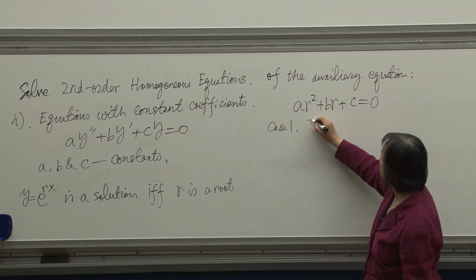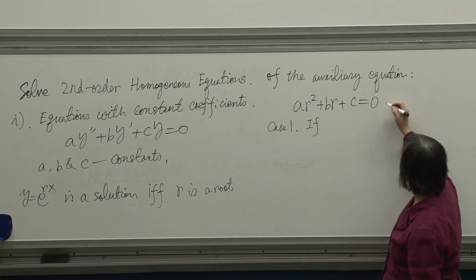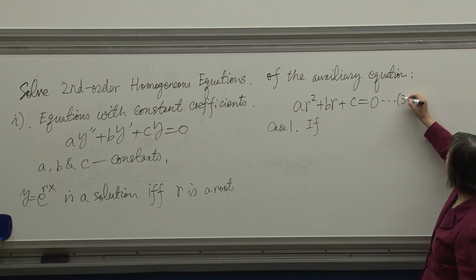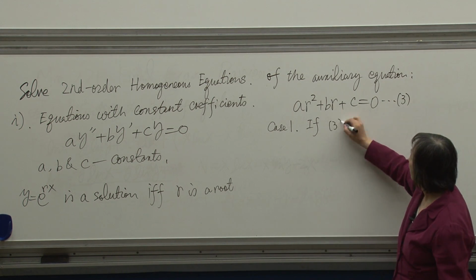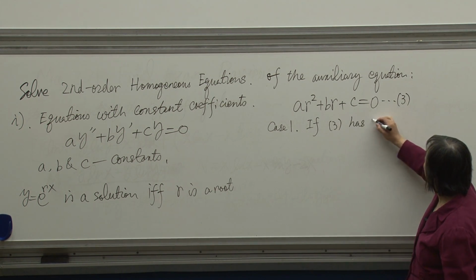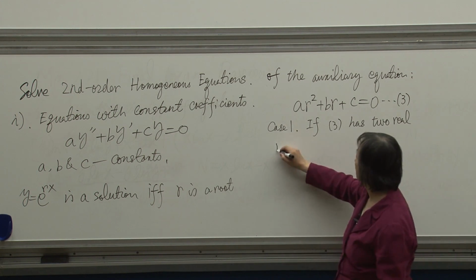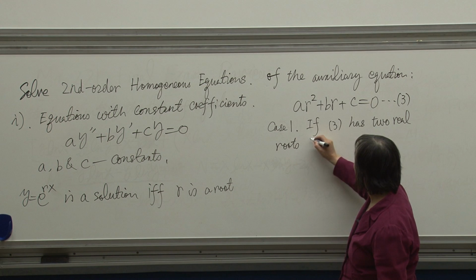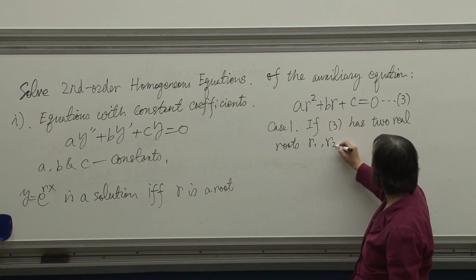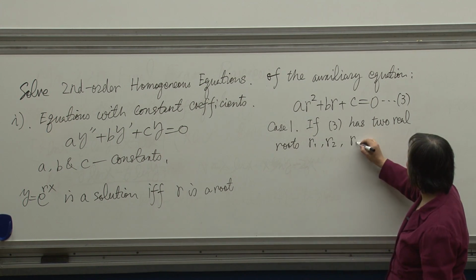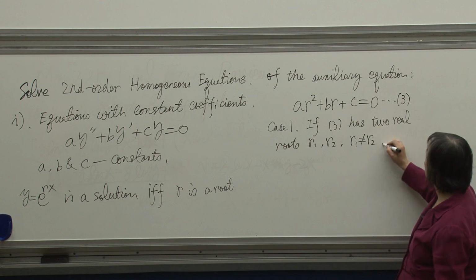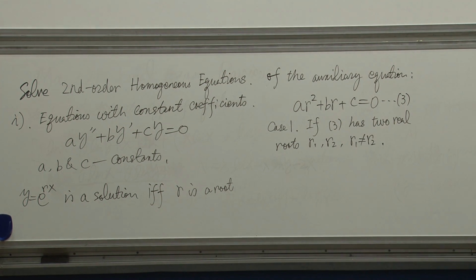First case, if this auxiliary equation, denoted by 3, has two real roots r1 and r2, suppose r1 is not r2, so we got two distinct real roots.